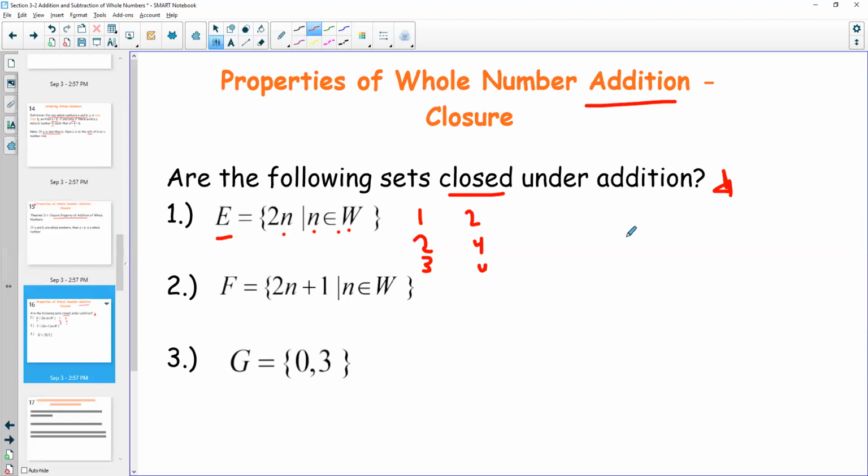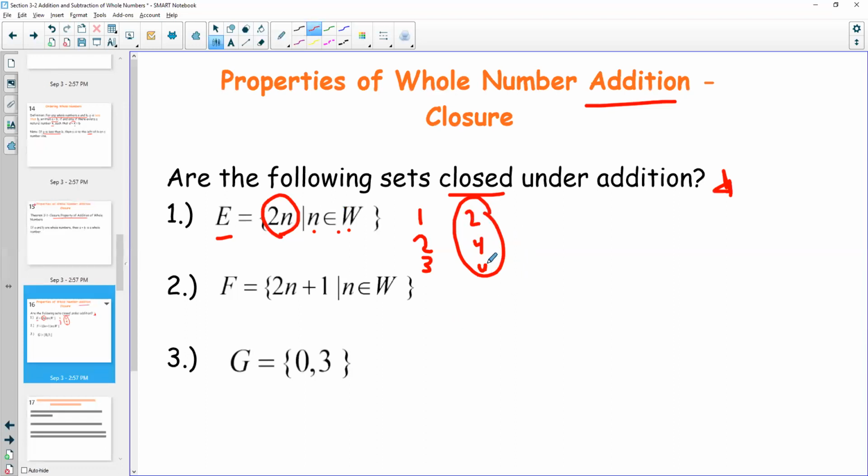So anything that I can put into here is going to give me double, and that's going to work out. This is the definition of even. Even numbers added together are always even. So these are the numbers in my set. If I add 2 and 4, I get 6. If I add 2 and 6, I get 8.